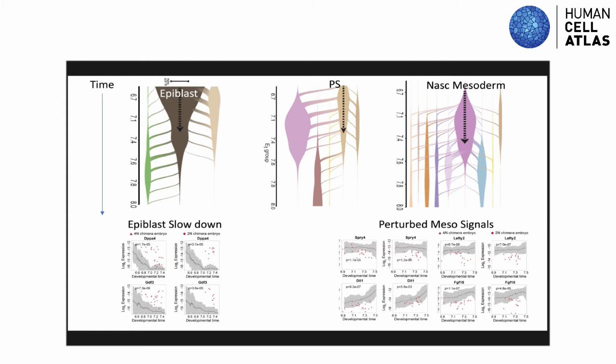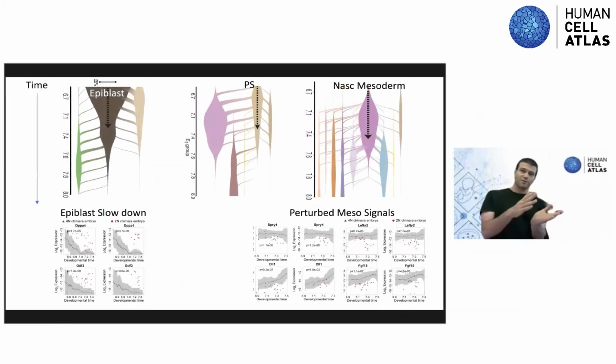We control time, we control lineage, and then we do differential expression analysis per embryo, and each dot here represents a single embryo that is completely controlled, and find genes that are still biased compared to what the wild type should have run. And you find here two major transcription factors, or a transcription factor and a signal molecule, in the epiblast that are not normal and supposedly are causing slowdown of the epiblast conversion.